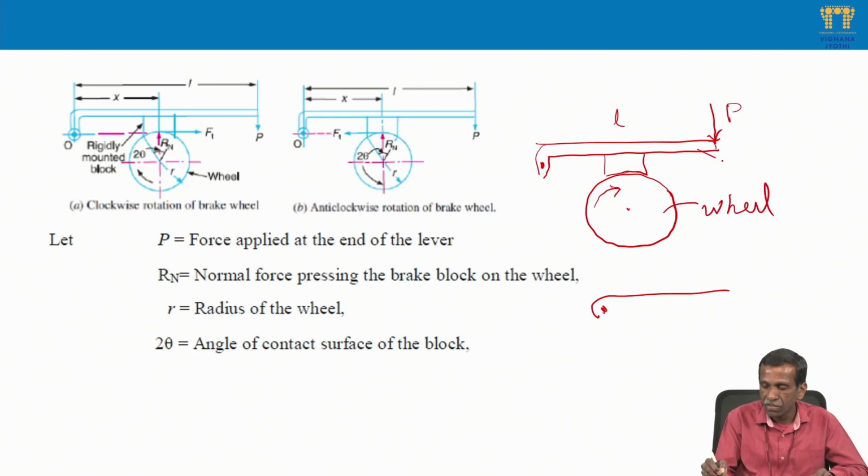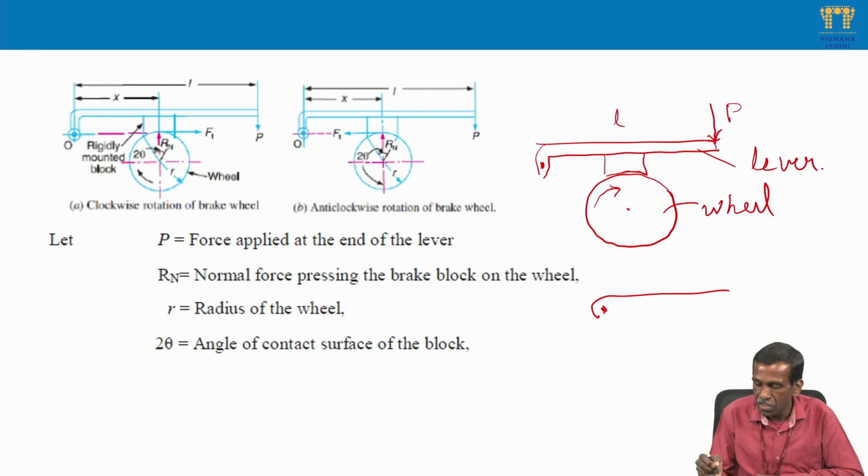This is the lever. First of all, you need to understand the terms: the effort applied is P, the length of the lever is L, and the radius of the brake drum or wheel is R, and suppose it is rotating clockwise. Then take the free body: this is the shoe or block, attached firmly to the lever.